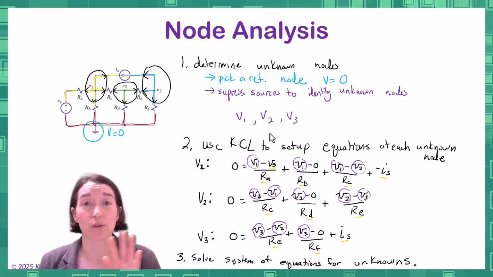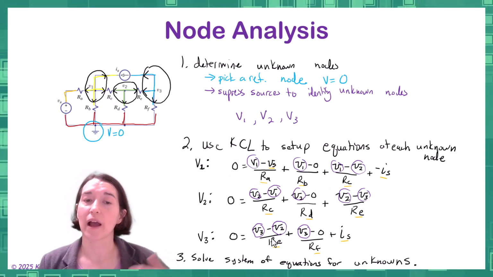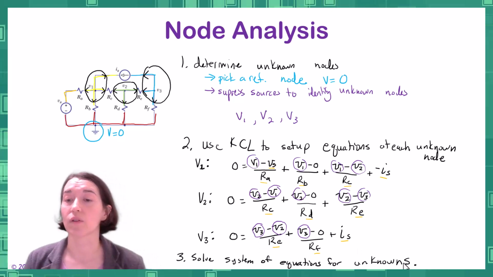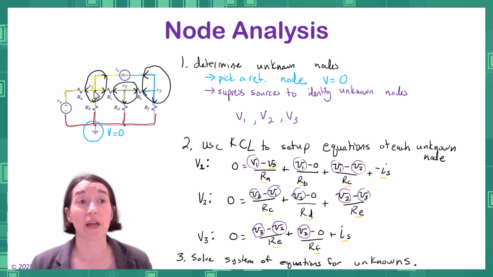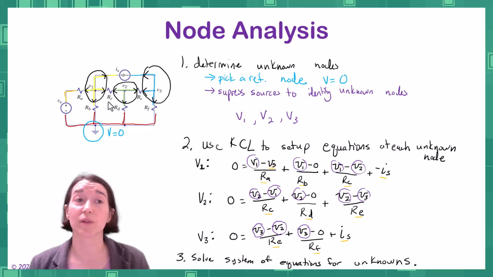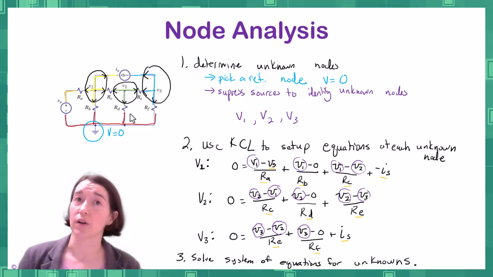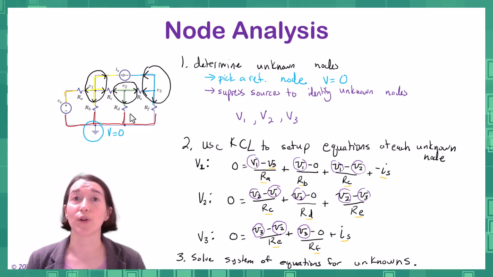And then once you have your unknown variables, you set up each KCL for them, and then you have 3 unknowns, 3 equations, and you solve your system of equations for V1, V2, V3. Then you'll know all the voltages. From there, if you need any voltage or current between any nodes, you can figure that out using Ohm's law, and then you're able to solve the entire circuit. So that's the simplest version of node analysis.